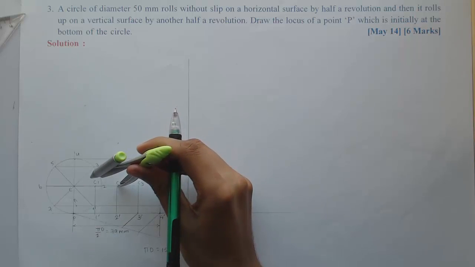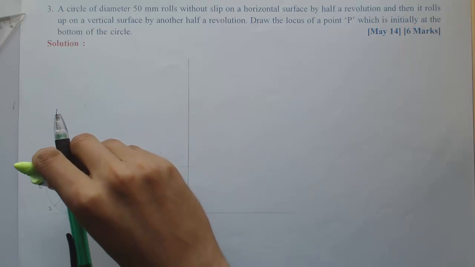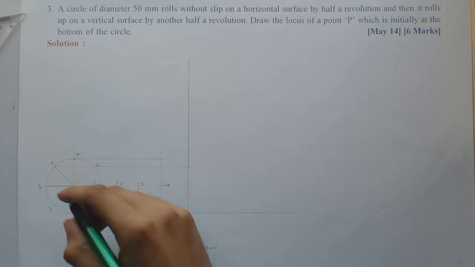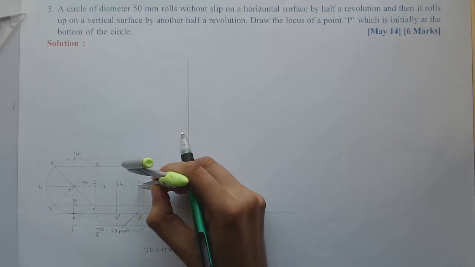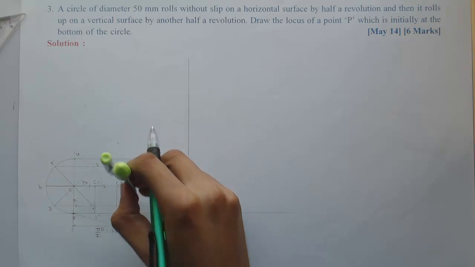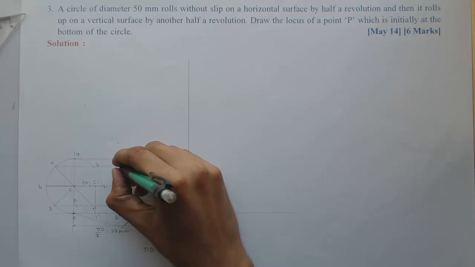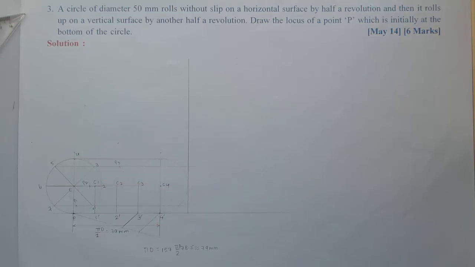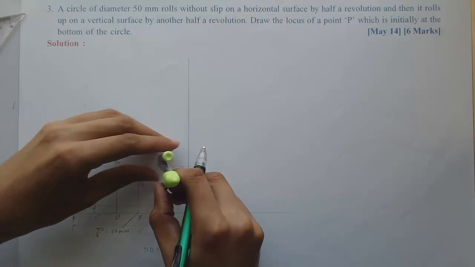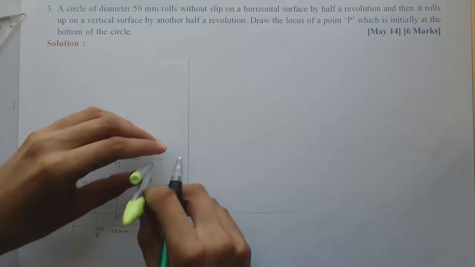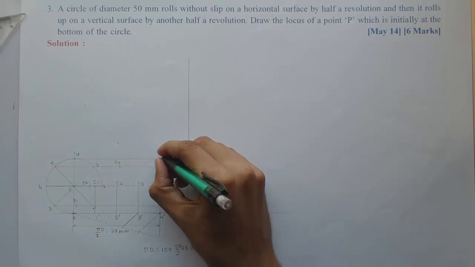Then C2 on the horizontal line, because it will move upwards. Then this will be P2. Then with C3 here, so it will be P3. And with C4, the point will be the exact topmost point on the circle. It will become tangent. So P4.